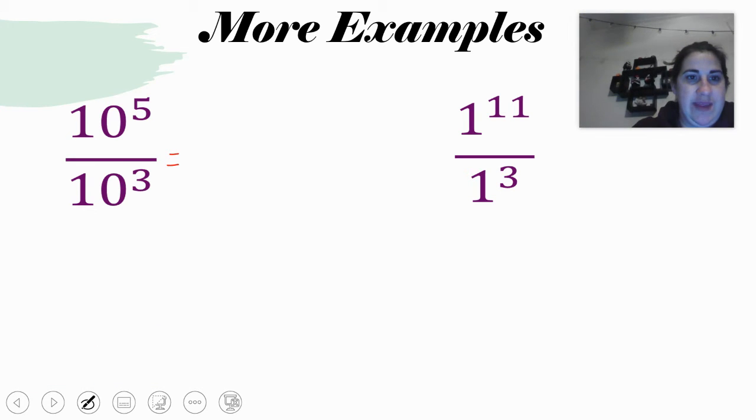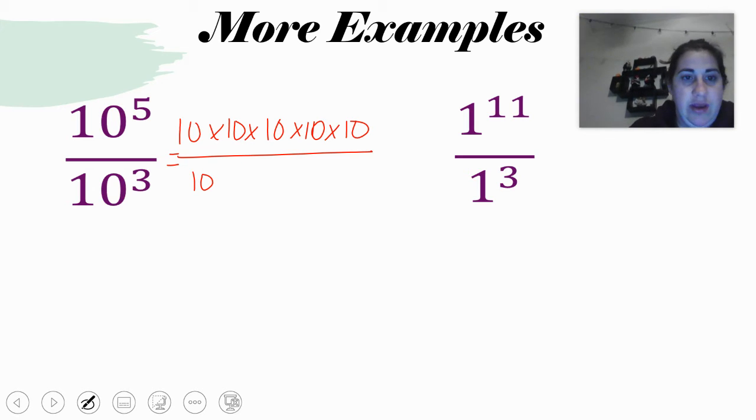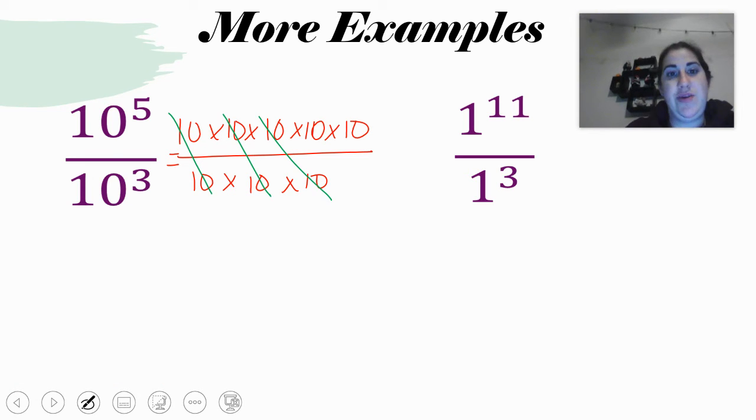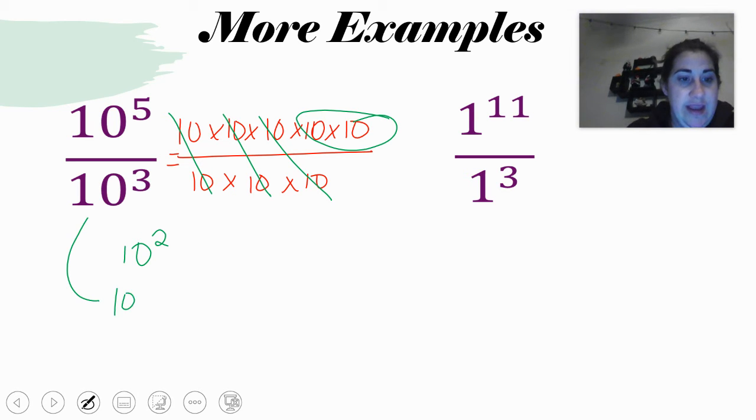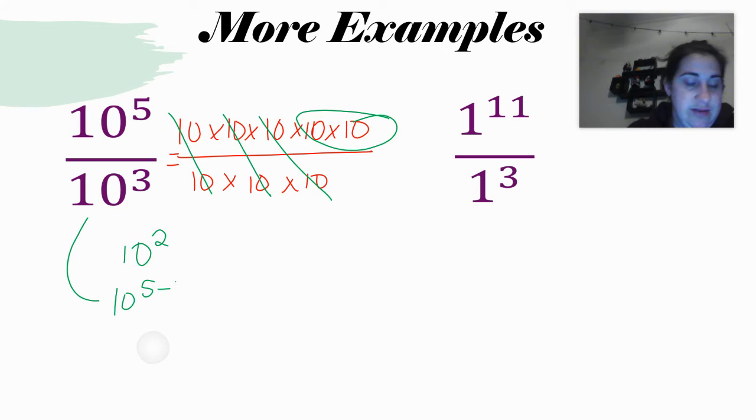Let's do some more. So this is the same thing as 5 10s. 1, 2, 3, 4, 5 over how many? 3. 1, 2, 3. Cross out my pairs. How many do I have left? 10 over 2, which, if you guys use the rule, I could have just said, hey, 10, 5 minus 3.